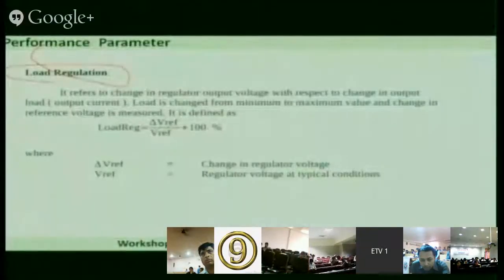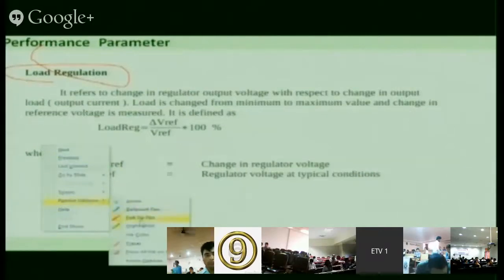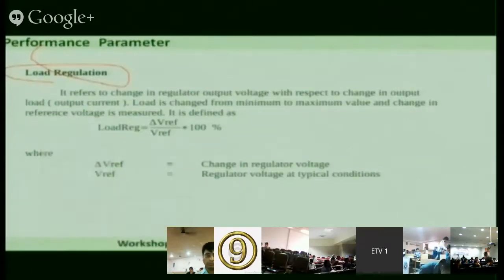So the formula for load regulation is del Vref over Vref, expressed as a percentage, so into 100. Here Vref is the regulated voltage at typical conditions.